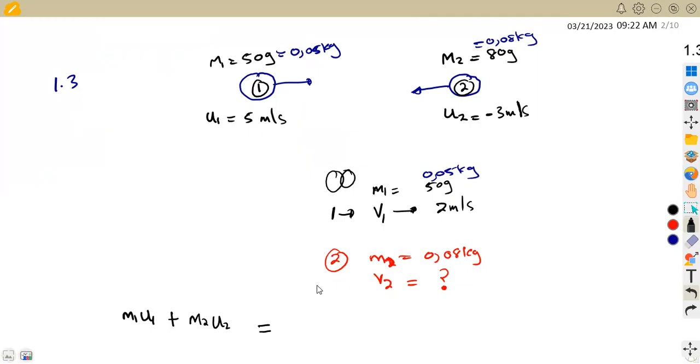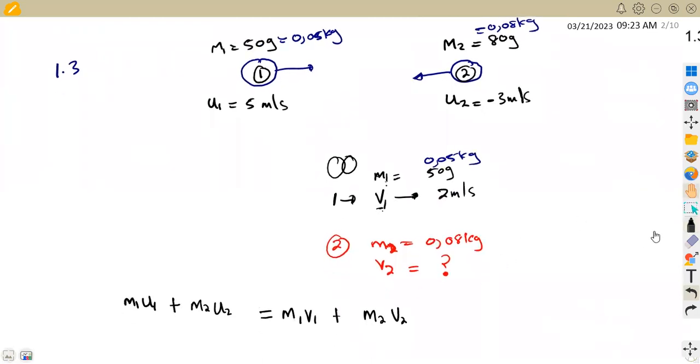After collision we obtain the same thing: M1 V1 plus M2 V2. The masses do not change, only the velocities have changed. We substitute the given information to find V2, the unknown value we are calculating.